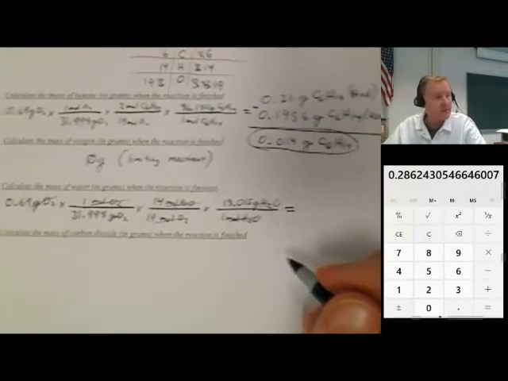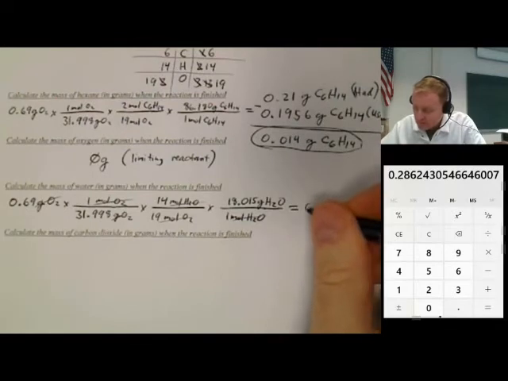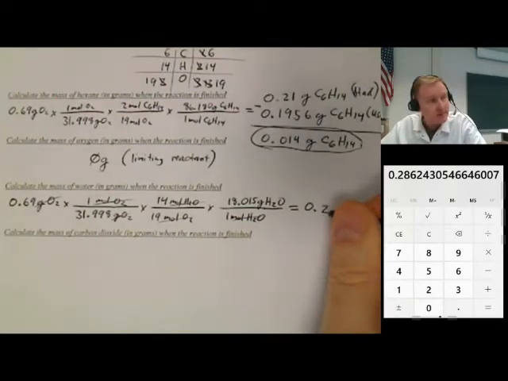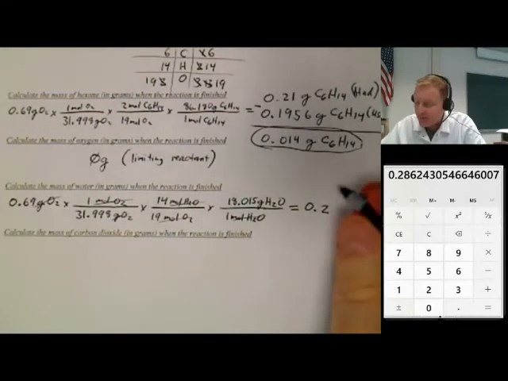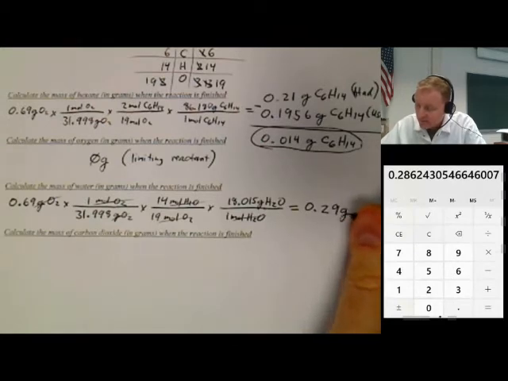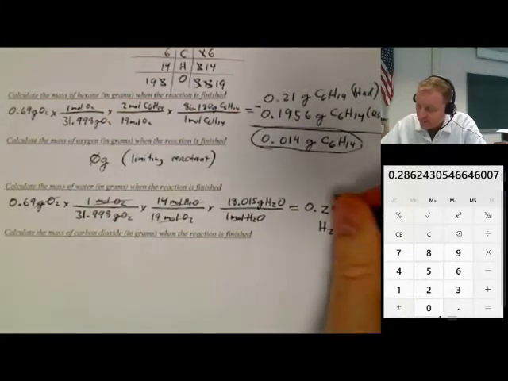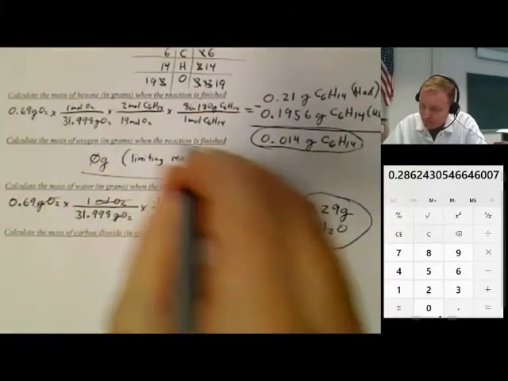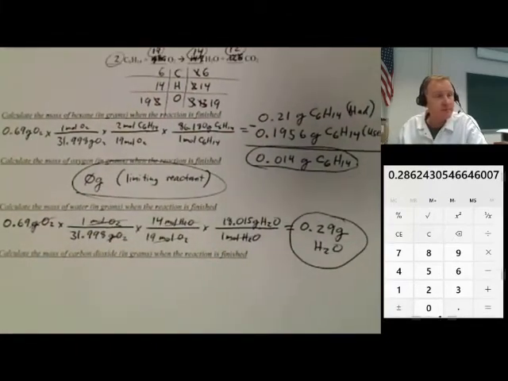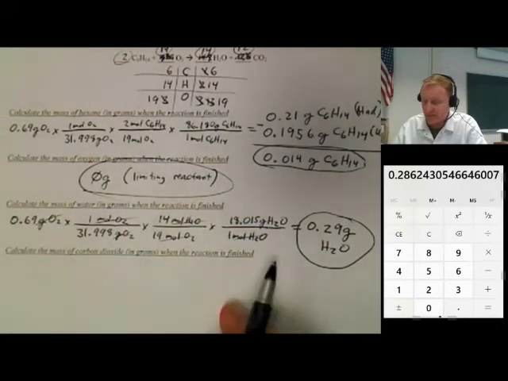So we are going to be producing 0.286, I'm going to round that up, 0.29 grams of water. So 0.29 grams of water is being produced by this setup here.